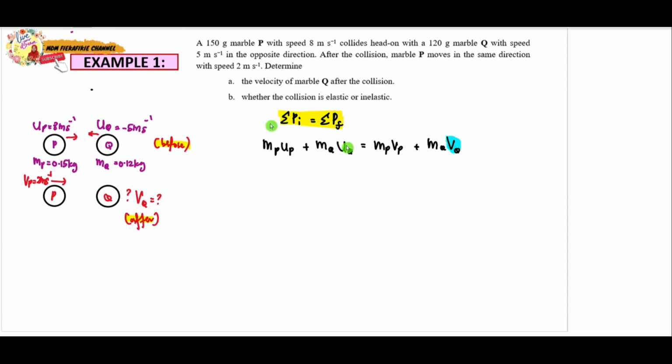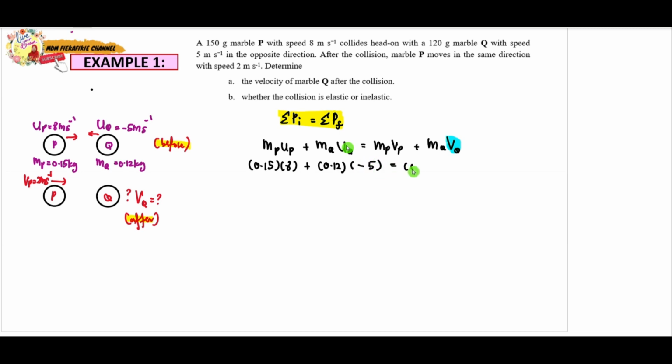Okay, so now we can straightly substitute. So ini saya rasa tak ada masalah. Okay, so the mass is 0.15, sorry. So 0.15 and UP is 8 plus mass of Q is 0.12 and UQ is moving to the left, so negative, jangan lupa.